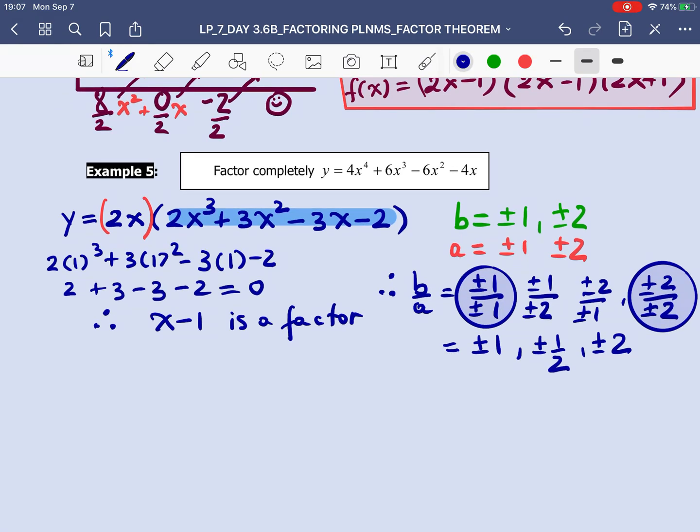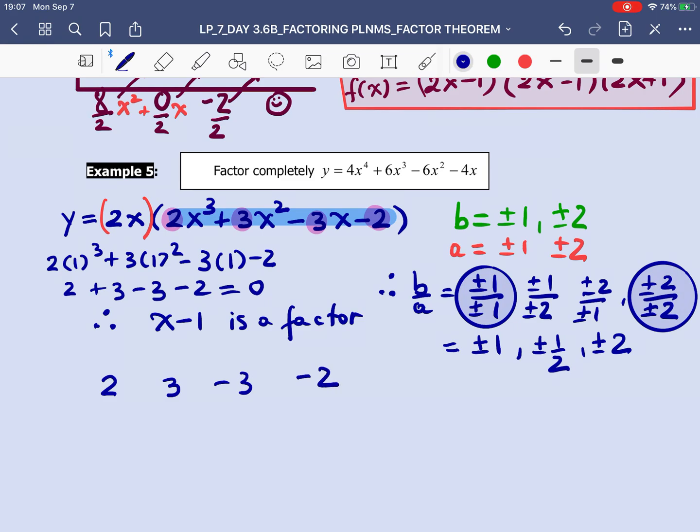And now that we know that x minus 1 is a factor, we'll take the coefficients of 2x cubed plus 3x squared minus 3x minus 2, and we will divide by x minus 1.